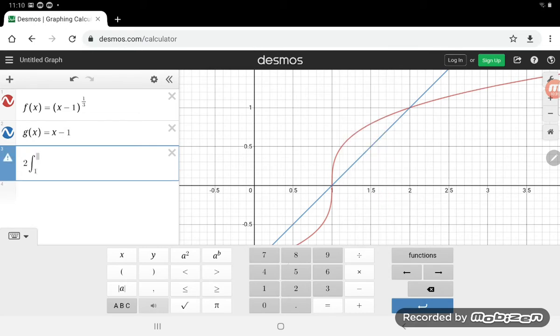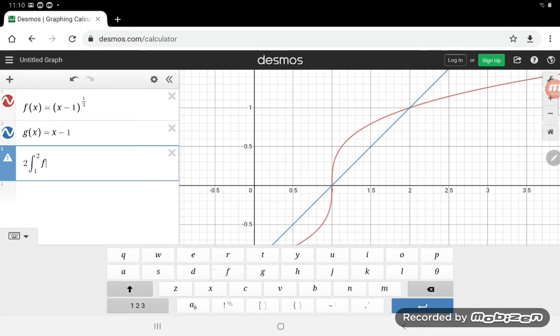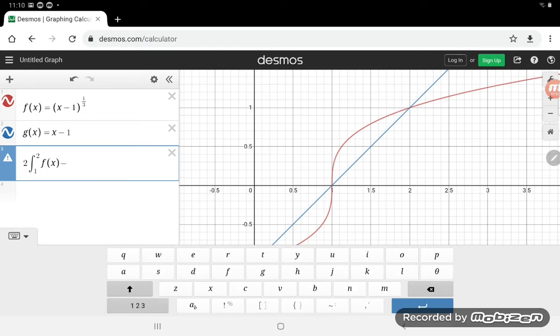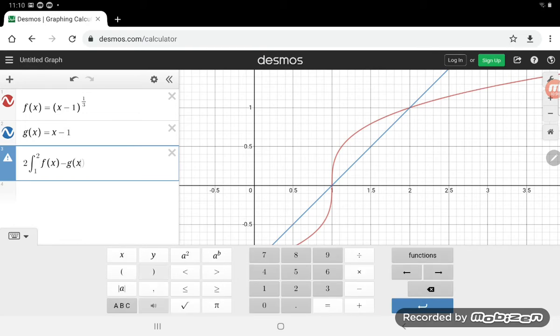from 1 up to 2 of f of x. There's f of x minus g of x. Oops. And dx.